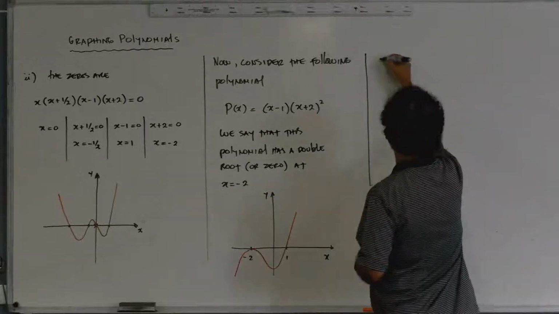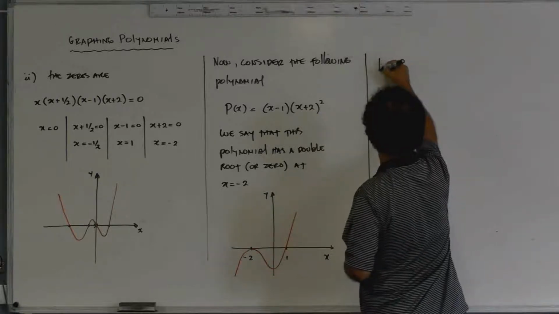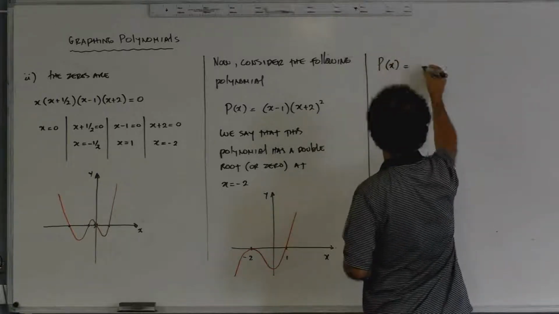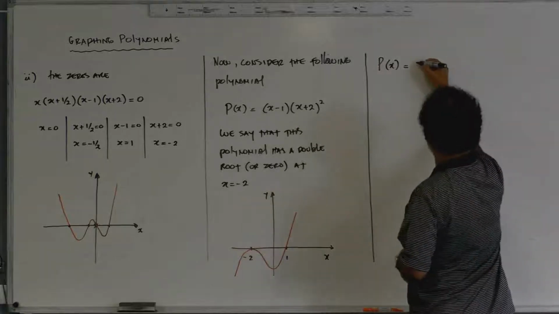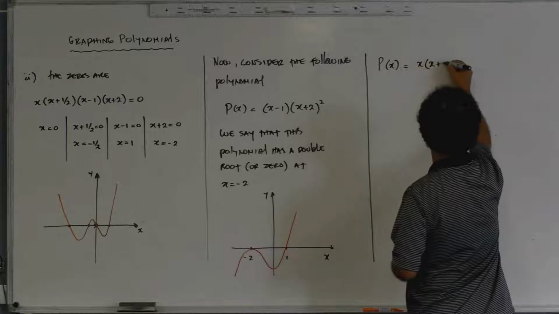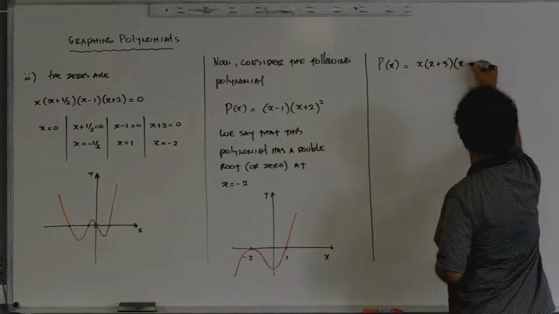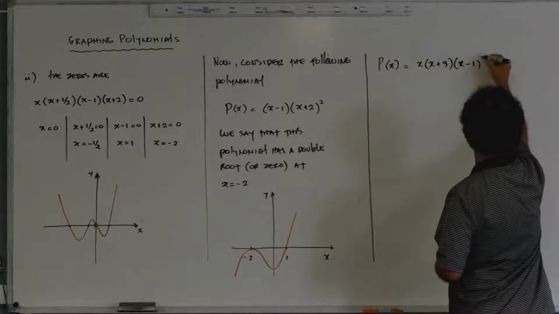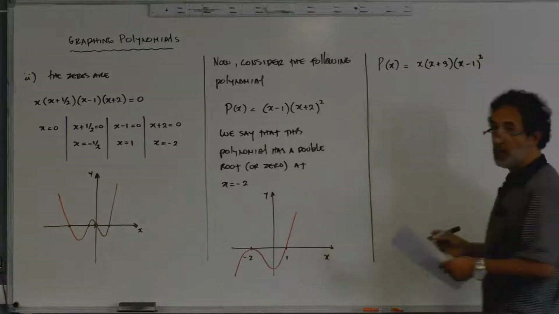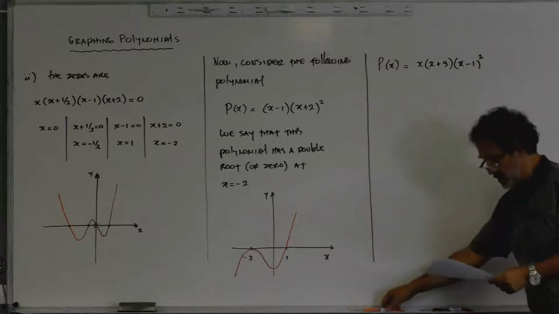Okay, let's see what happens to this one. P of x is equal to, let's say that you have x, x plus 3, and then you have x minus 1 squared.